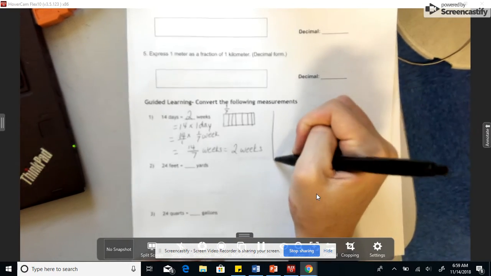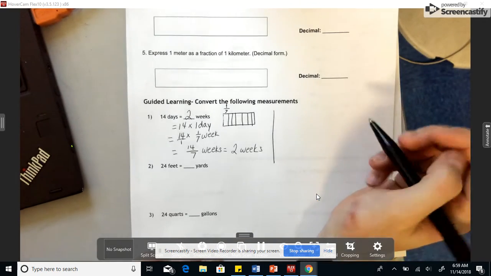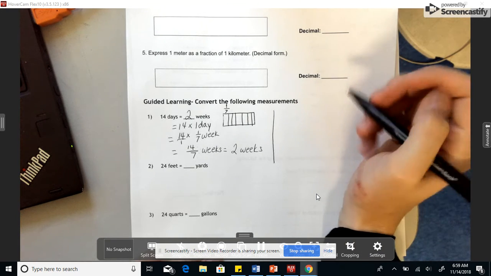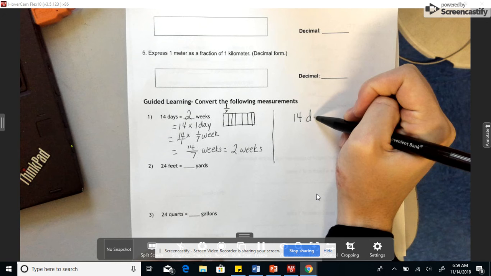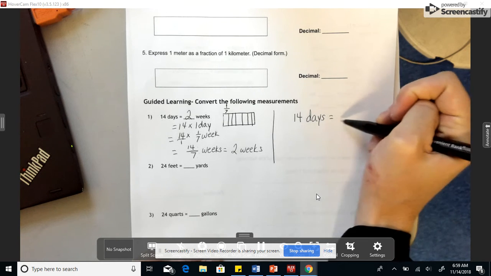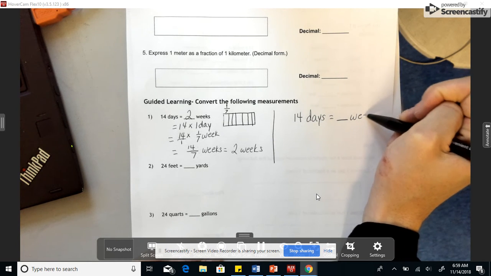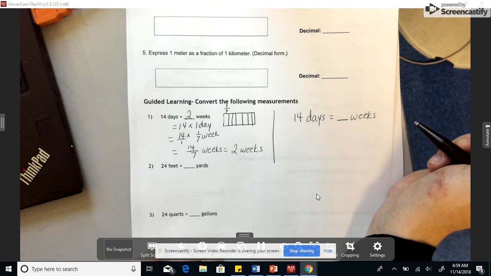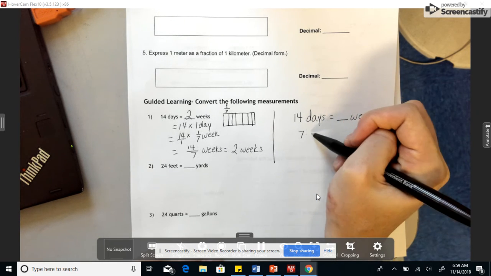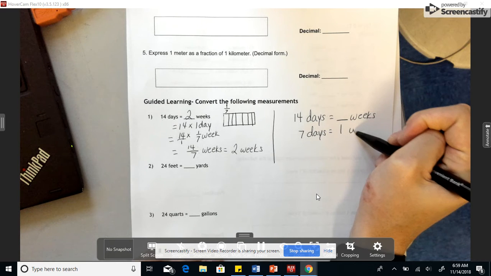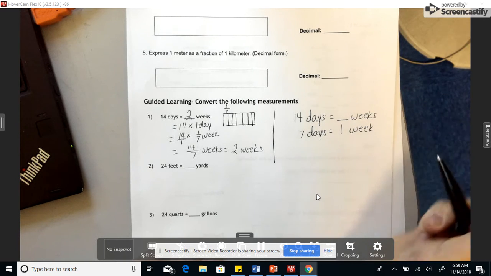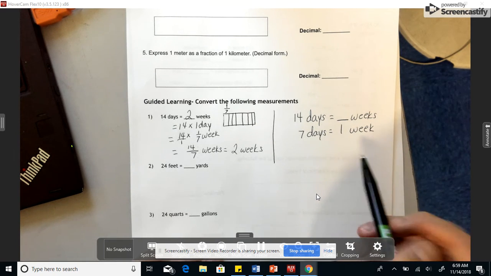Another way you could show this is by making a correlation or a ratio. So we start with 14 days equals how many weeks? Well, I know that there are 7 days in 1 week. So I just need to figure out what I need to multiply or divide by.